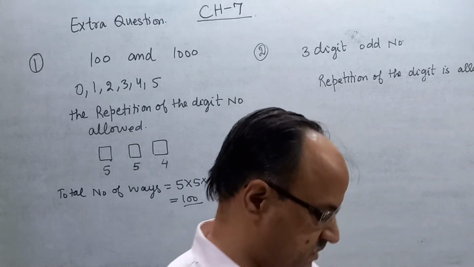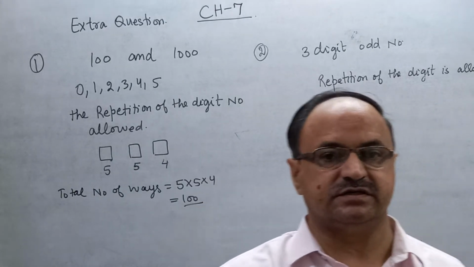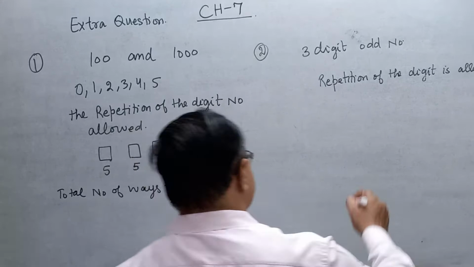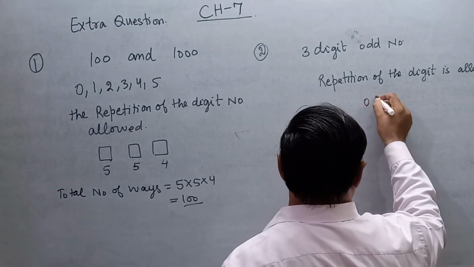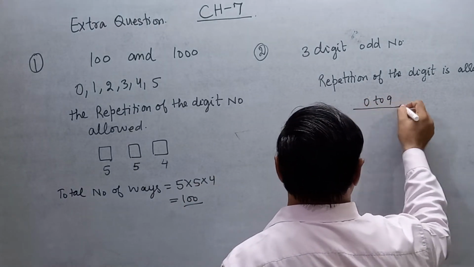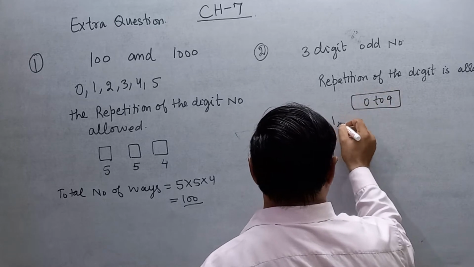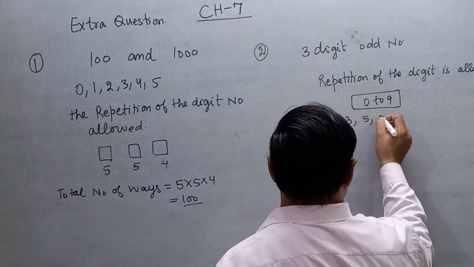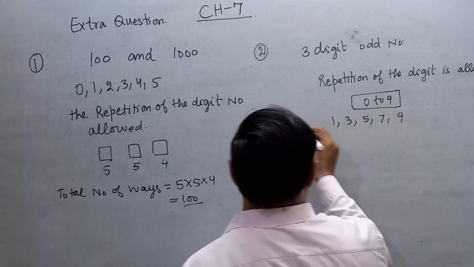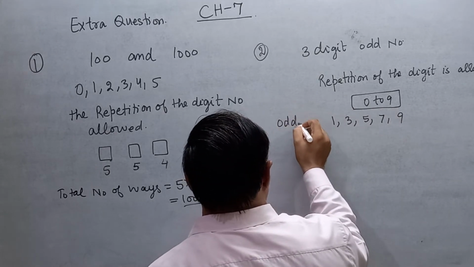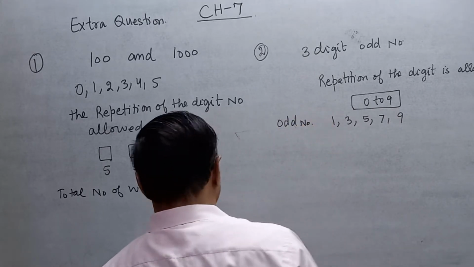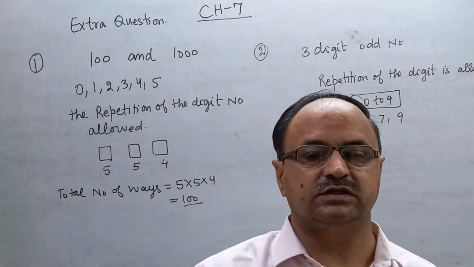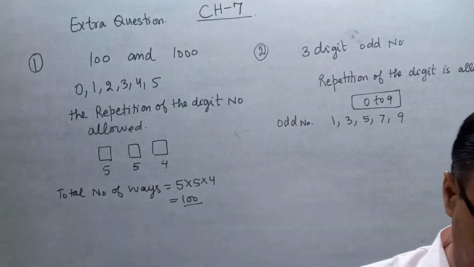You know that there are 10 different digits from 0 to 9, and the odd numbers are 1, 3, 5, 7, 9. Clear?